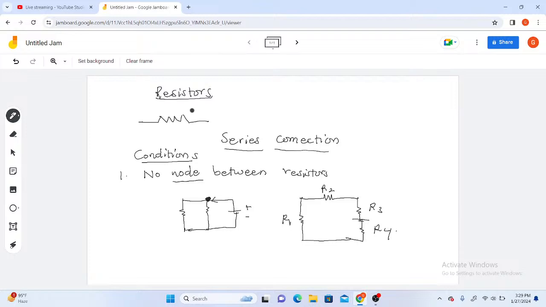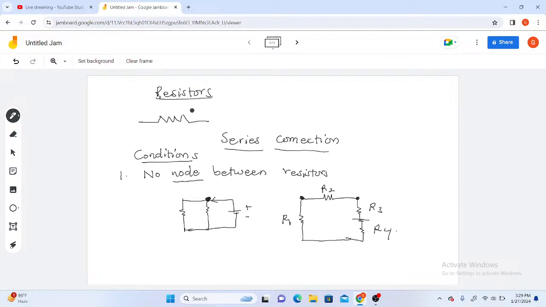Seeing the condition here that for two resistors to be in series, there should be no node between them, you ask yourself, is this a node? No, this is not a node. Likewise, this is also not a node. The reason why I'm using this illustration is sometimes people get confused about what a node is.